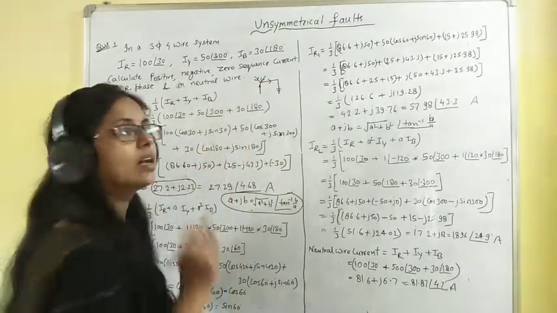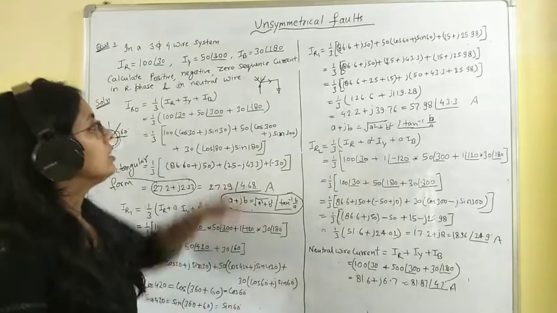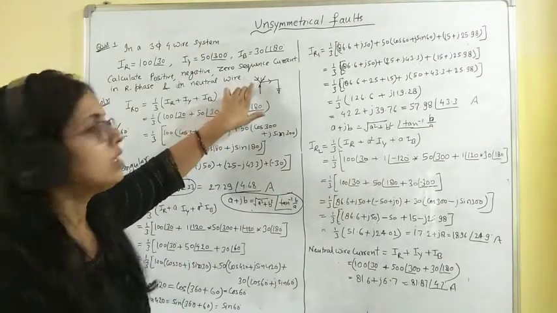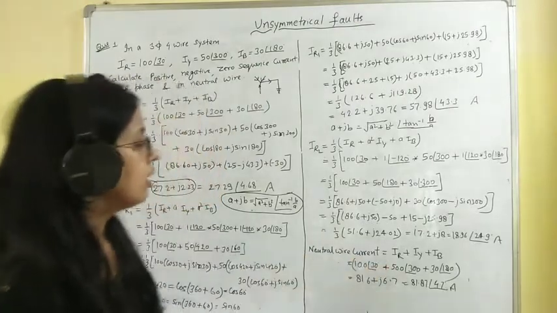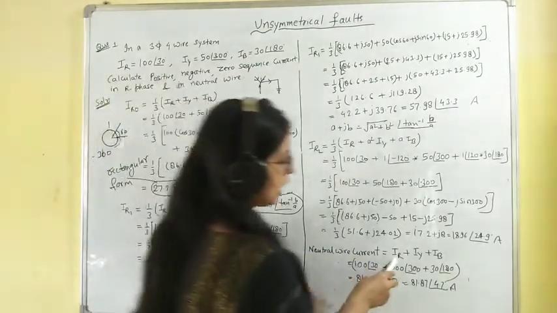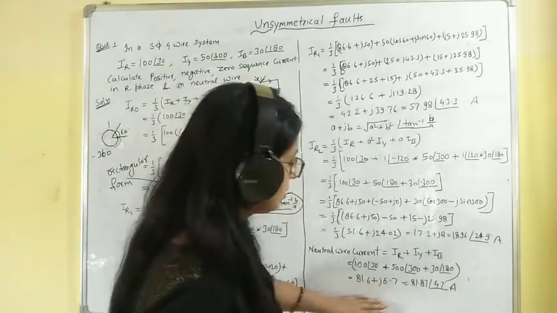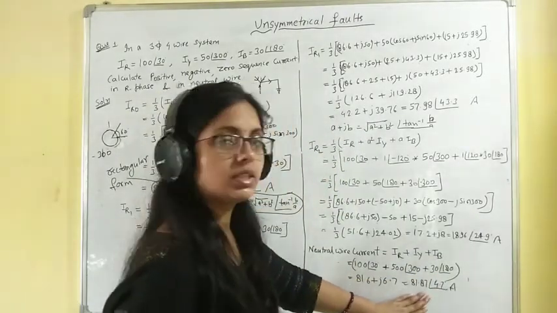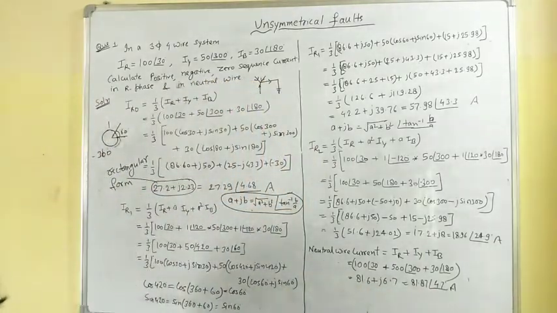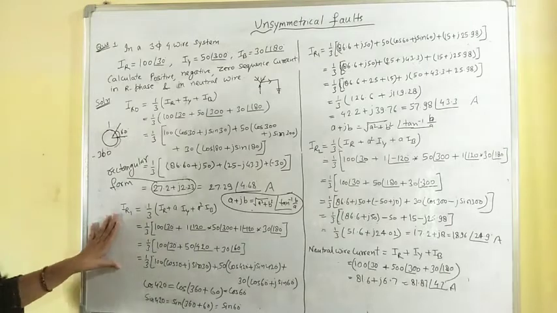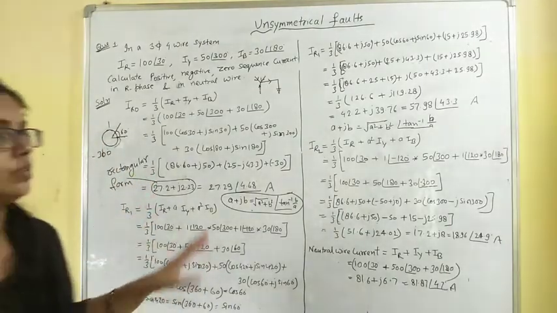Actually in a star connection, phase currents and line currents are equal, which is why the neutral wire current is the summation of the three currents: IR plus IY plus IB. By adding all these values we get 81.87 angle 4.7 ampere. So this was an example, and you should be handy at calculating all these values.